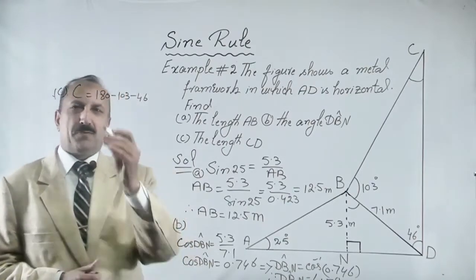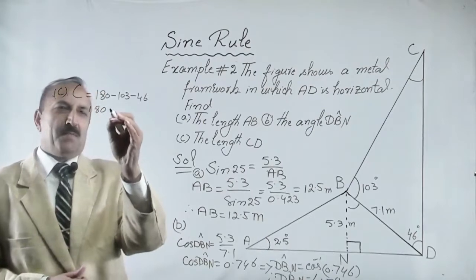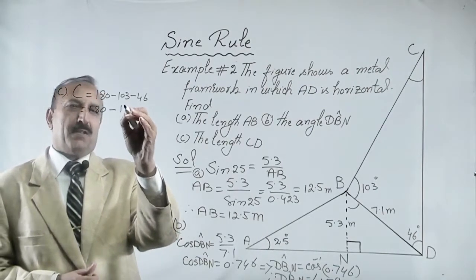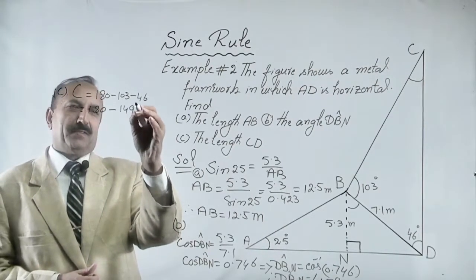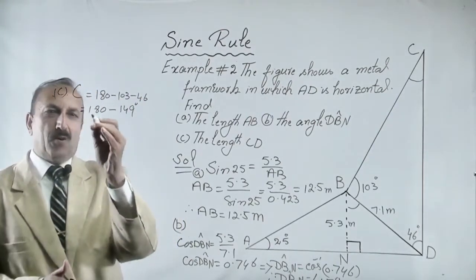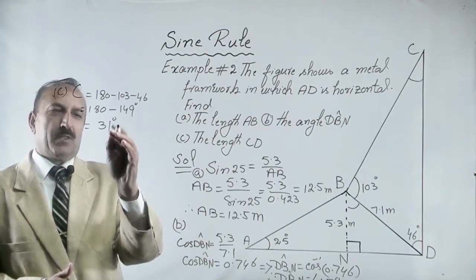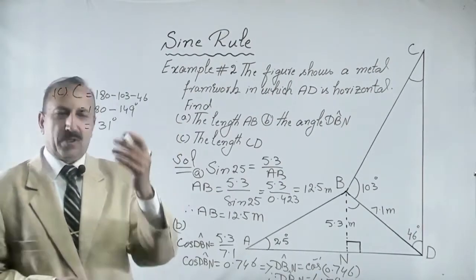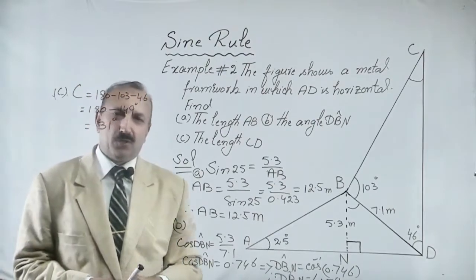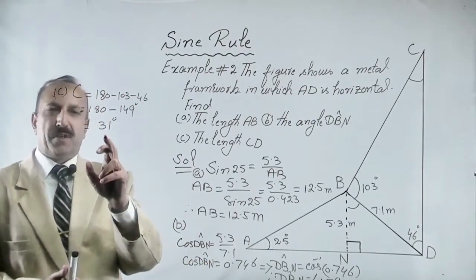If we look here, this is 180 minus 149. I have added these two because they have the same sign. And now if we subtract this, we will get 31. Obviously it's mental mathematics, you can easily subtract, otherwise you can have help from a calculator or find it manually. Here is the 31 degree angle.